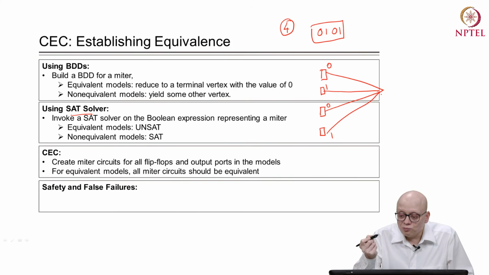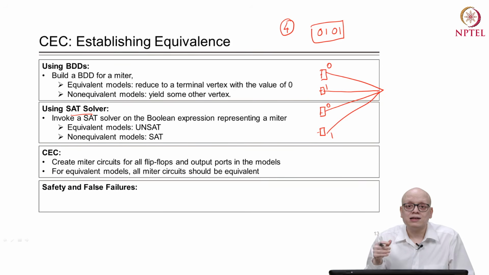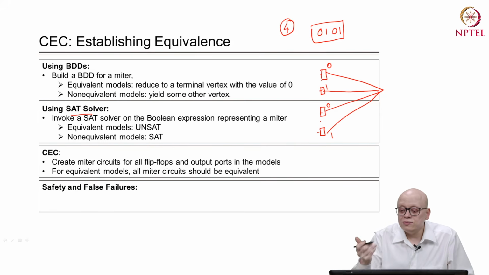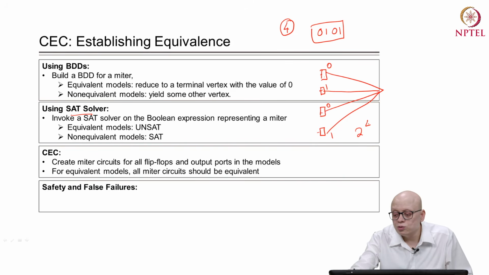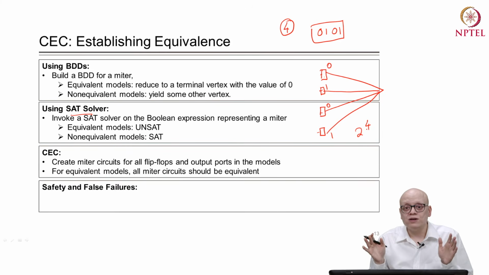Now, what we have done in combinational equivalence checking, we have said that all these flip flops can take any value simultaneously, meaning that for these 4 flip flops, in effect 2 to the power 4 combinations are possible, meaning that any flip flop can take any value independent of other flip flops.